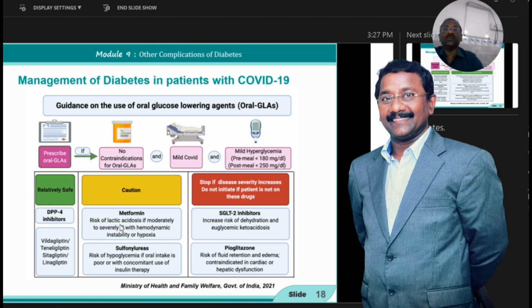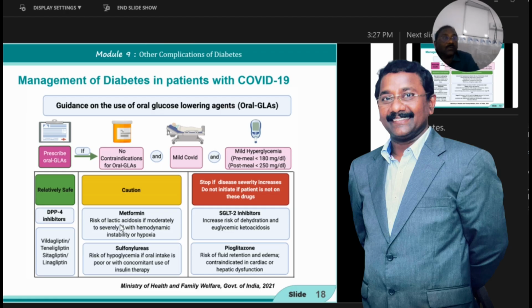So guidelines on the use of oral hypoglycemic agents: prescribe oral agents if there are no contraindications for oral glucose lowering agents, mild COVID, and mild hyperglycemia. DPP4 inhibitors are very useful drugs to be used. Not your sulfonylureas, not your metformin, not your pioglitazone, not your voglibose, and not your SGLT inhibitors either.